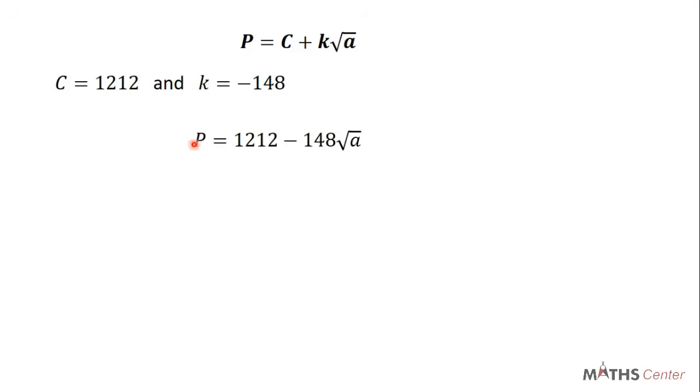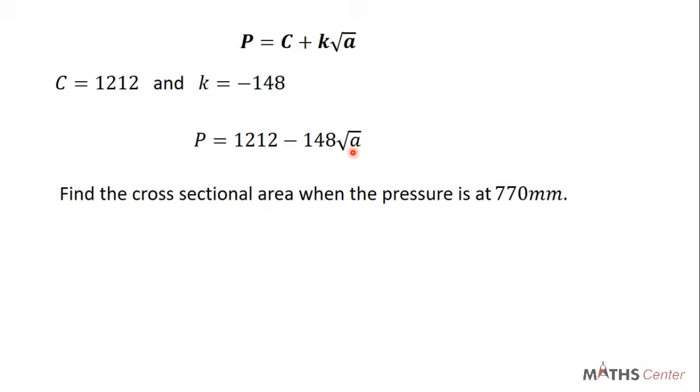So you have P is equal to 1212 minus 148 square root of A. So we now have an expression connecting P and A. The question said we should find the cross-sectional area, that is A, when the pressure is at 770 millimeters.